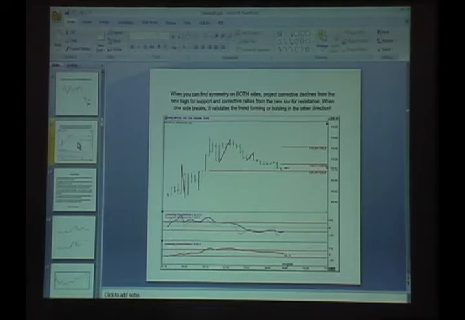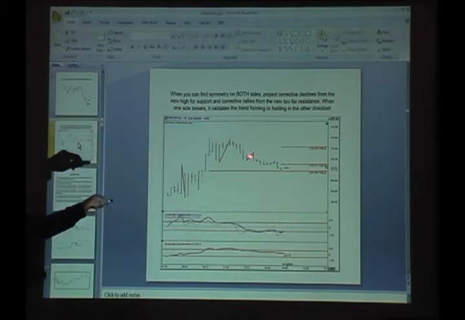Right. So here we're actually watching an uptrend, but the market is making a very deep pullback. And so what you have done is also look at where it might make a low. Now we are doing the reverse, projecting from the low to the high. But you chose the second one.